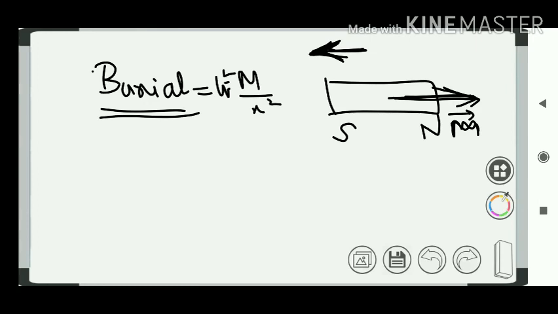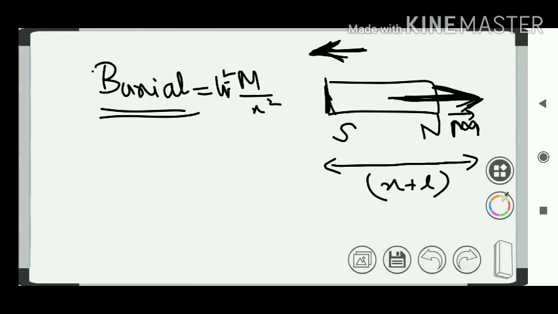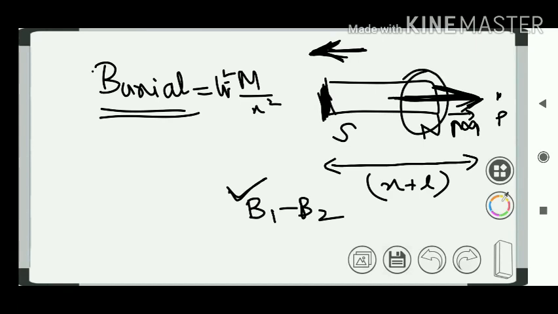I hope you understood. In axial, remember we told you the S was greater, when this distance x plus L was greater, remember? And that means the net magnetic field will be due to the north direction, because the S point is very far away from the point P. So the magnetic field was B1 minus B2, that means B1, that is the north pole, has the higher magnetic field.